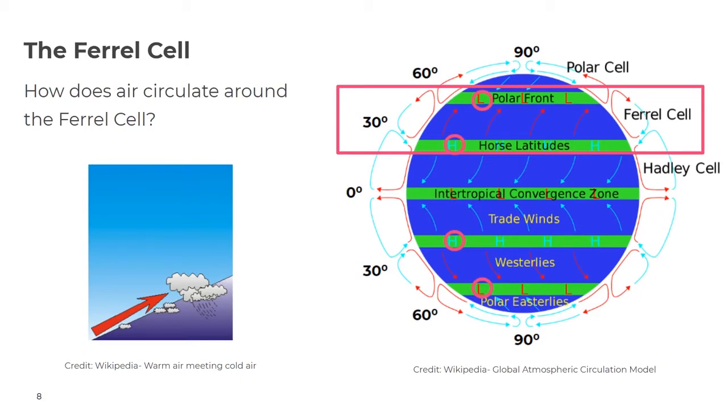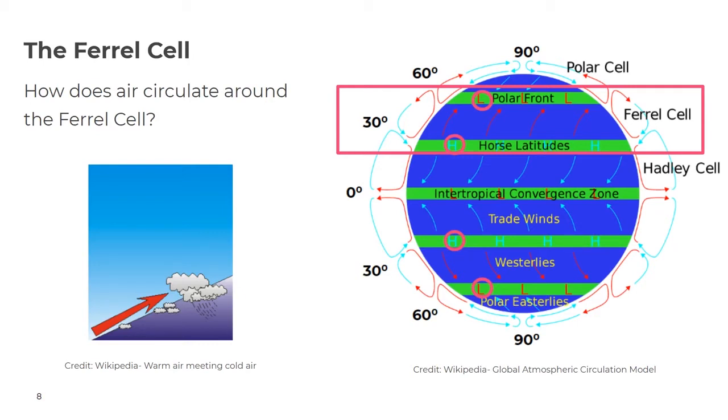So warm surface winds from 30 degrees north and 30 degrees south of the equator, these are those westerly winds, meet cold air from the poles at 60 degrees north and 60 degrees south of the equator. As warmer air is less dense, it rises above this cooler air into the atmosphere, and this creates a low pressure belt.